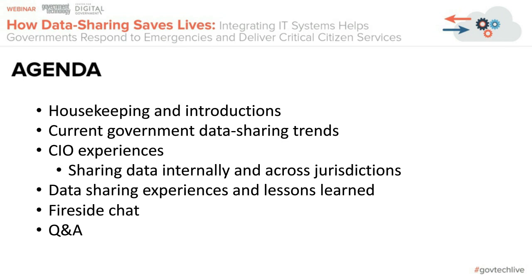When I think about data sharing, there were really 5 things that struck me as to what I saw happening within government. I think everybody has experienced the exchange of information, the exchange of data between agencies and departments, both within government and within jurisdictions.